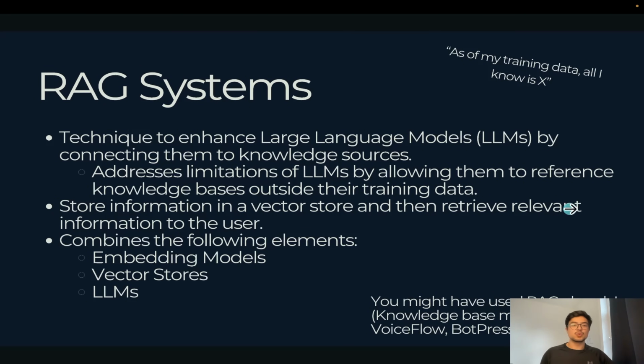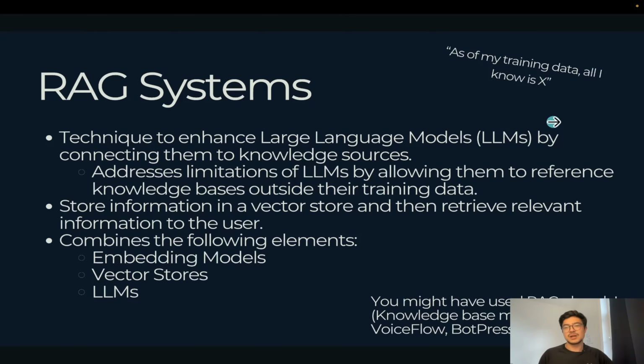Right, and now we get to RAG systems. So RAG stands for Retrieval Augmented Generation, and it's basically a technique to counteract a limitation that language models used to have, okay? And this was the fact that language models didn't have access to knowledge bases outside of their training data, okay?